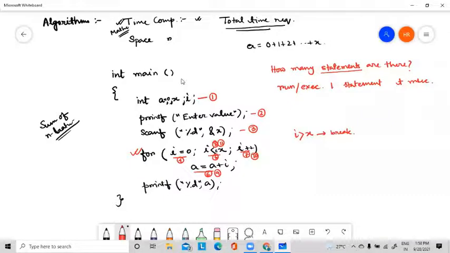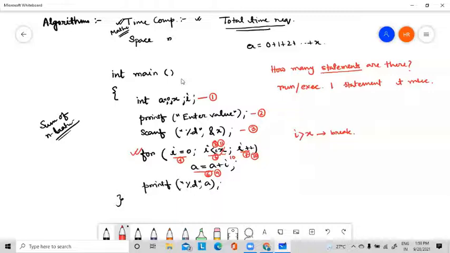Inside this for loop, the number of statements is not independent, it is dependent on a particular value x. Instead of writing x, if I write here directly, say 10, then we can say how many times it will run. But if I write x here, then it depends on a particular value x.